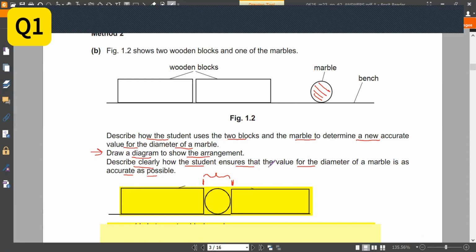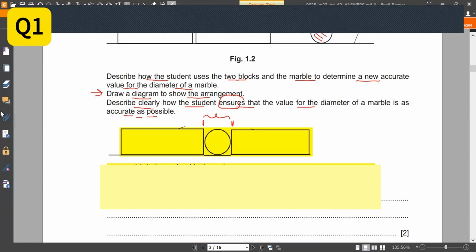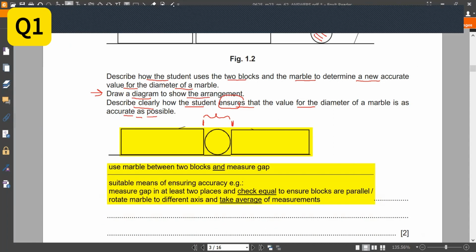Describe how to ensure the value is as accurate as possible. So how can we ensure as accurate as possible? Yeah. So first, use the marble between two blocks and measure the gap. So this is the first point. Secondly, we will measure the gap at at least two places. So we will measure one here, and then we will measure another one here, for example.